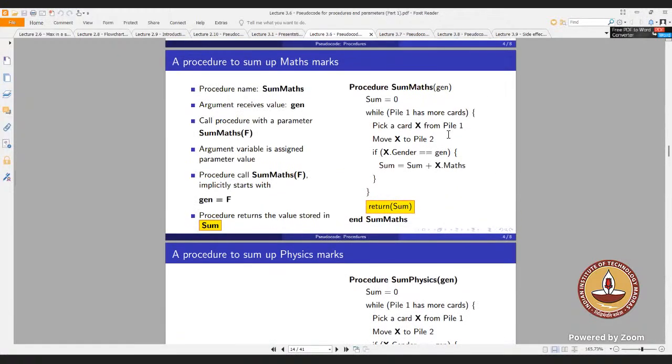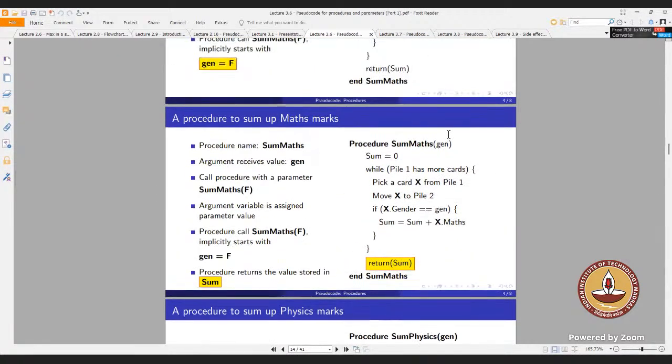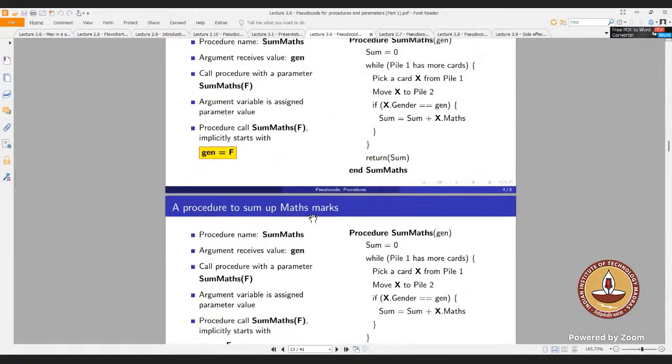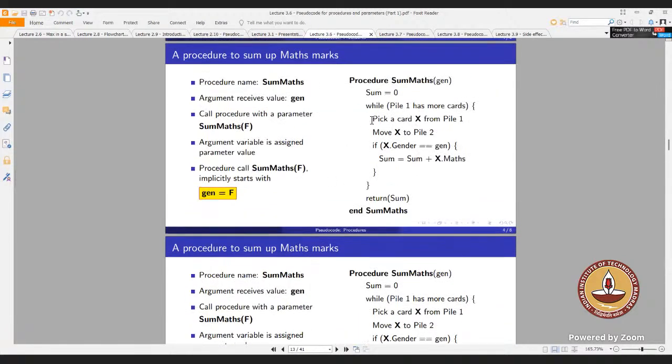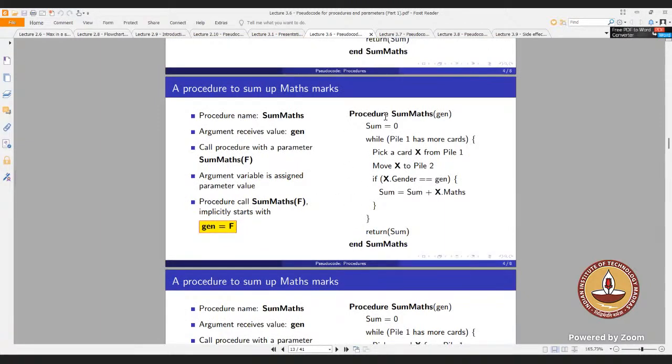Is this the one you had doubt in? This is what sir covered. Yes, sir. Okay, so in the procedure, let's take this as an example, right? The procedure adds maths marks.